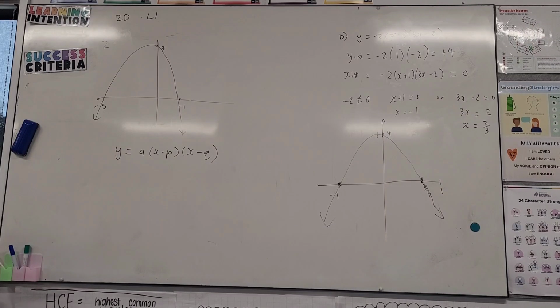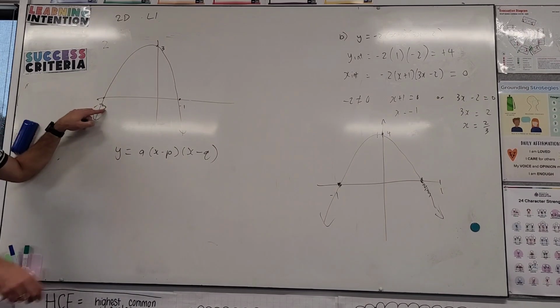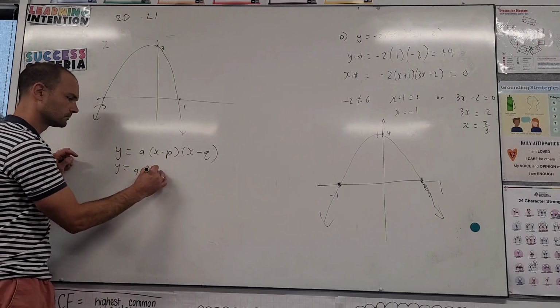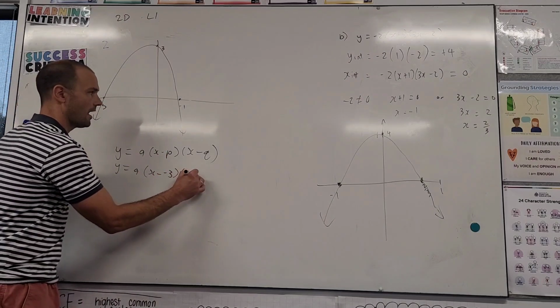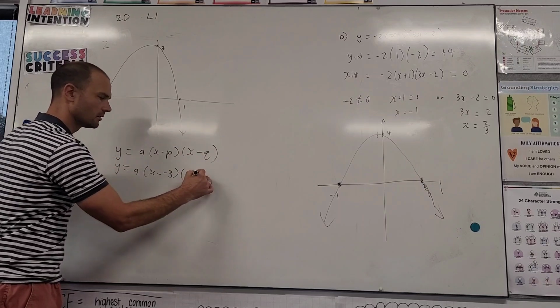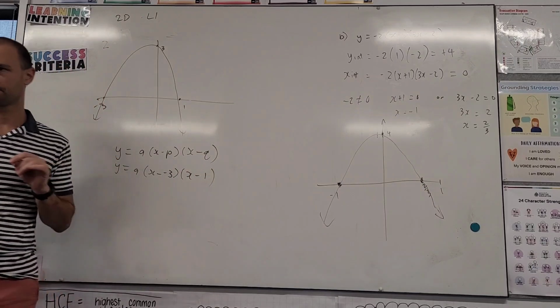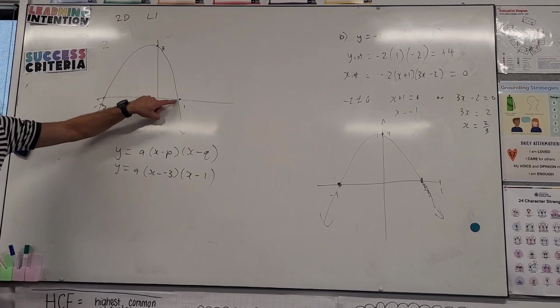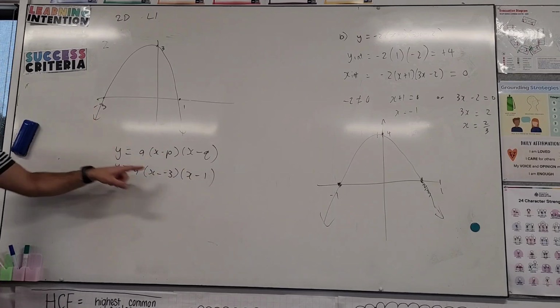Now, our x-intercepts are minus 3 and positive 1. So we're going to put minus 3 where the p is, and positive 1 where the q is. So we have y is a times (x take negative 3) and (x take positive 1). I'm putting 1 where the q is and negative 3 where the p is.